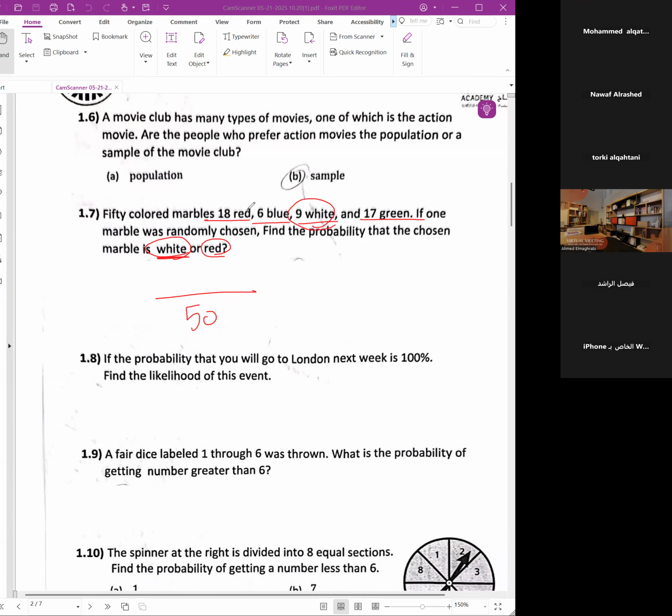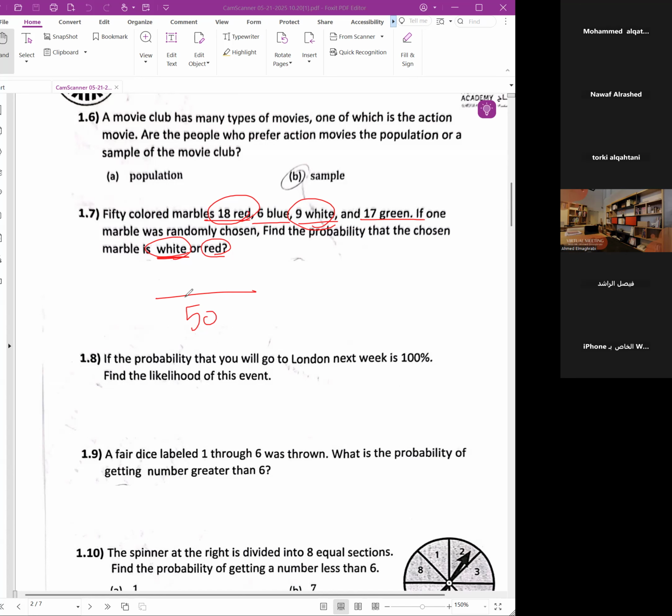This is not the question in the revision, this is the mock exam. Same but different numbers. Red or white? How many red and white? Yes, red 18 and white 9.